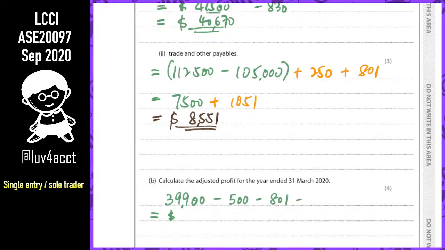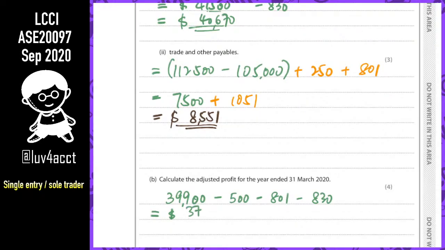So we still have 830 here. So 39,900 minus 500, 801, 830, gives 37,769. Okay, that's it. I almost missed one point.